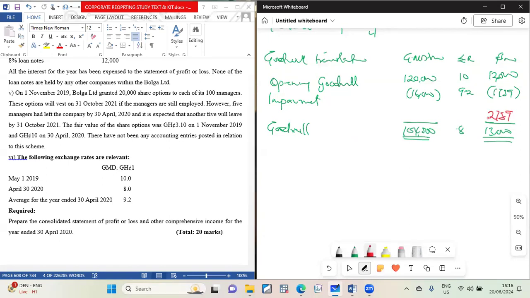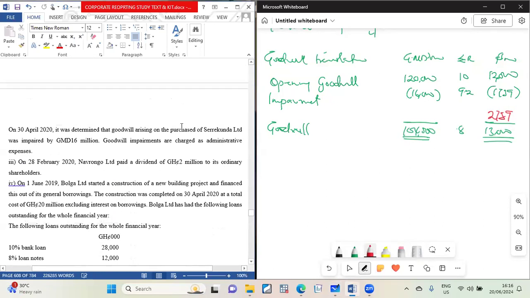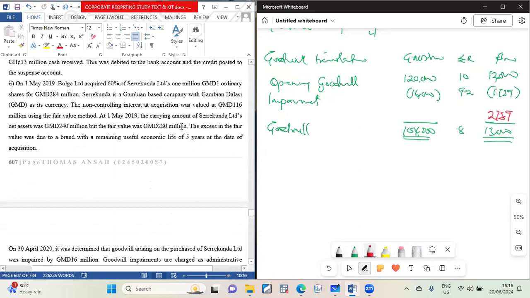We know how we are going to do this. Were we told here it was the fair value method that was used for Serekunda? But the other one was proportionate. This one was fair value. So fair value means that this figure, you need to share it. So how much goes to the NCI, multiply by NCI, which is 0.6.